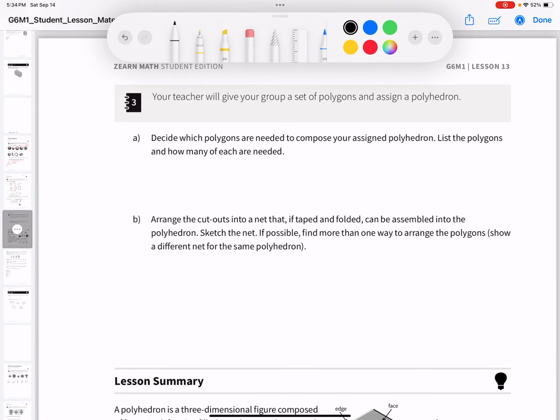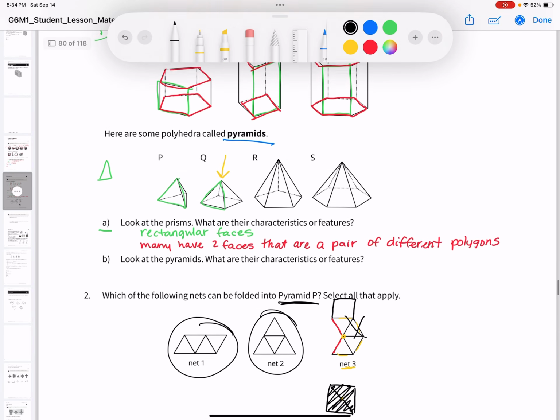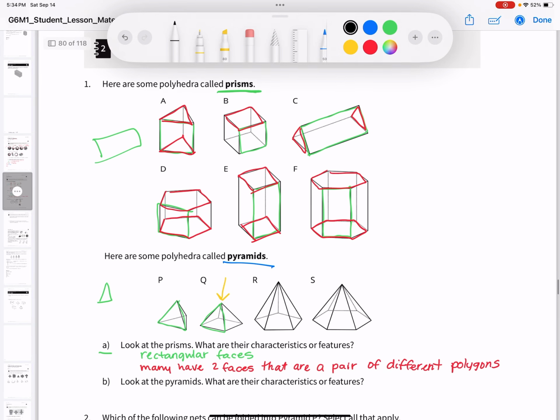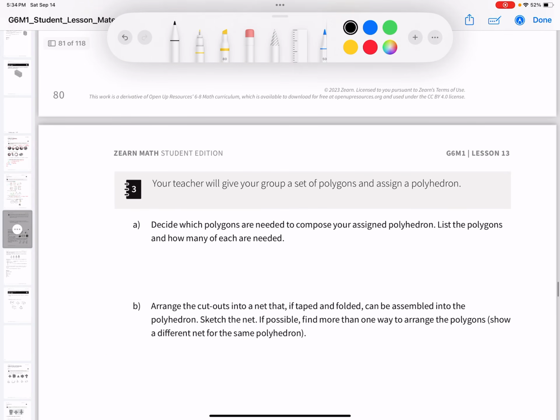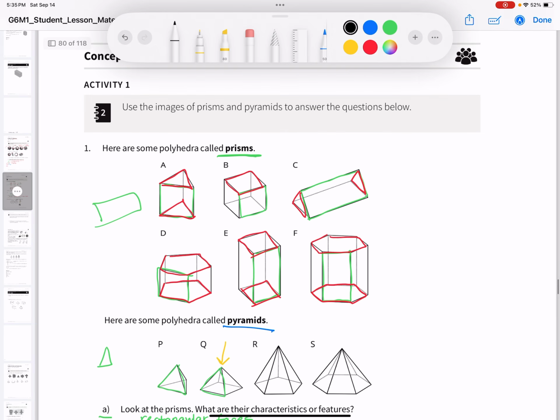You will be assigned a polyhedron. Decide which polygons are needed to compose your assigned polyhedron. So we're going to go back up here. One more time. All right, so for A, you would need 2 triangles and 1, 2, 3 rectangles to make A. For B, you would need 1, 2, 3, 4, 5, 6 squares.